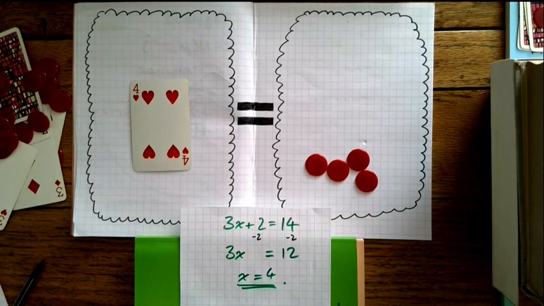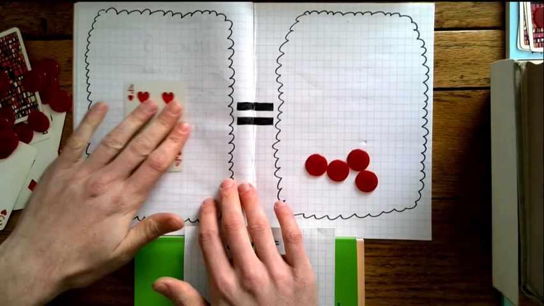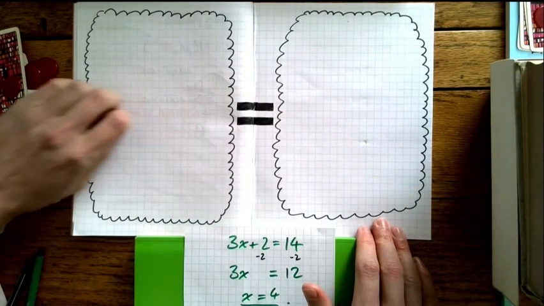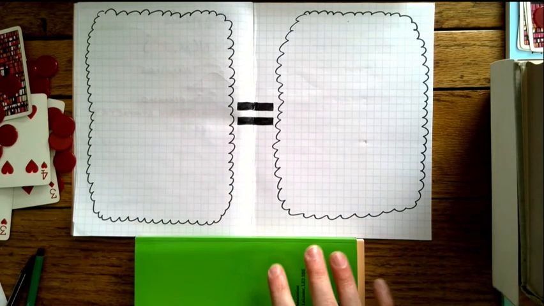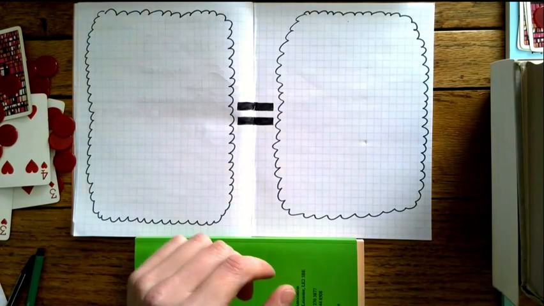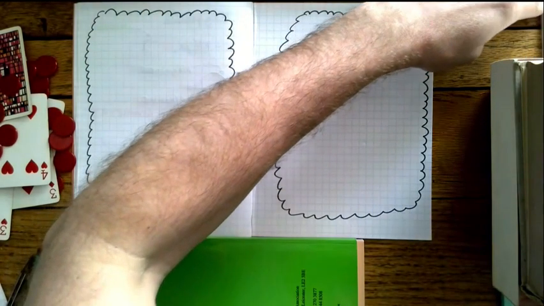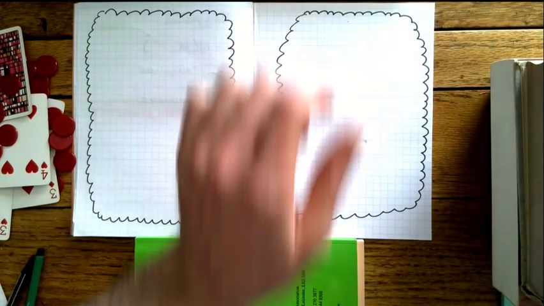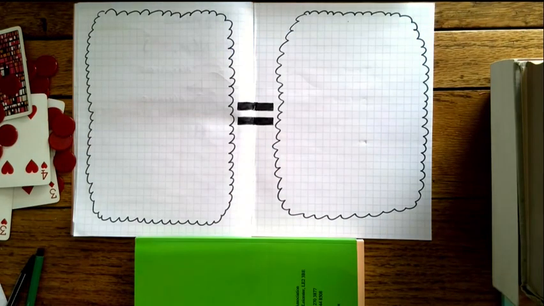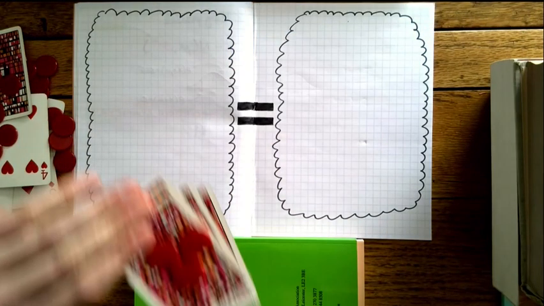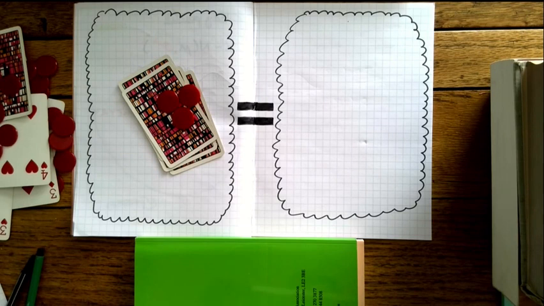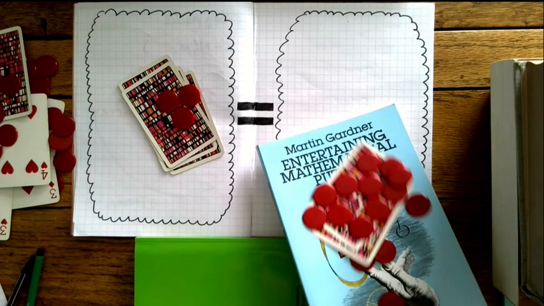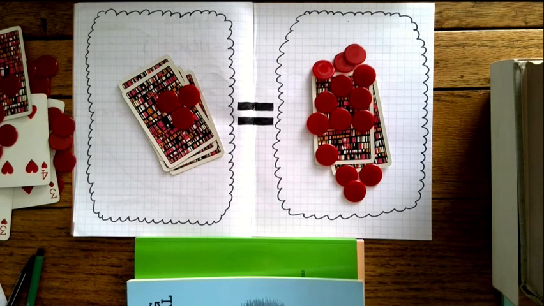You might have noticed so far that we're not yet onto having x's on both sides. I've not yet put cards on both sides. So that is what's coming up next. For this one, this is going to be quite a squeeze here. Give me a sec so I don't show you the answers. Here we go.